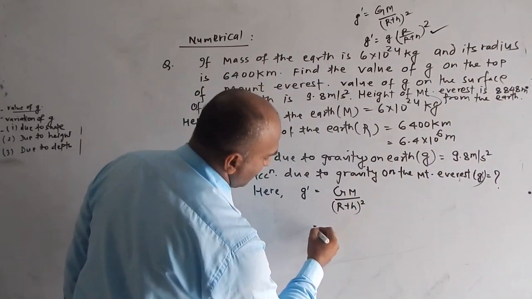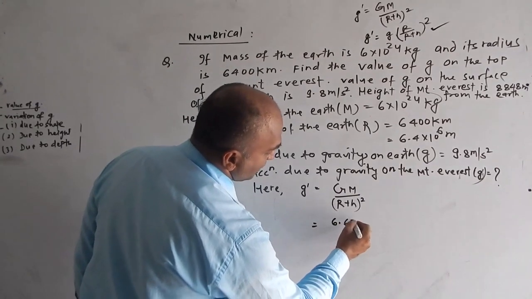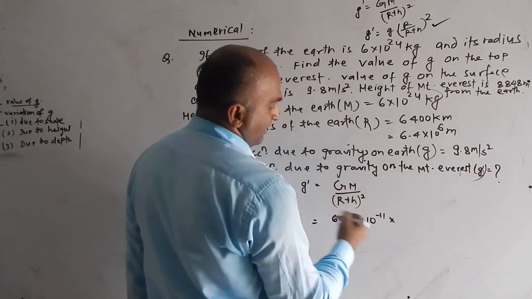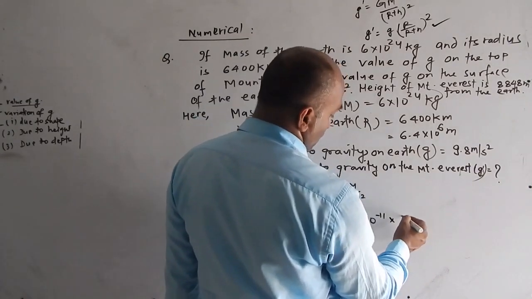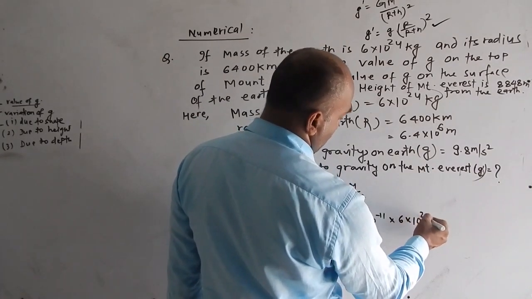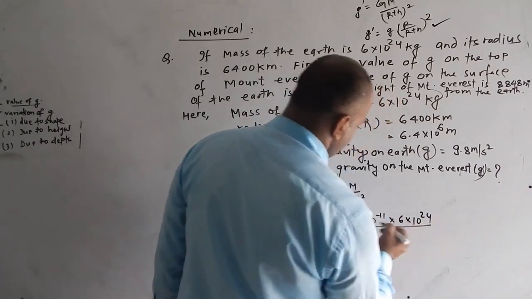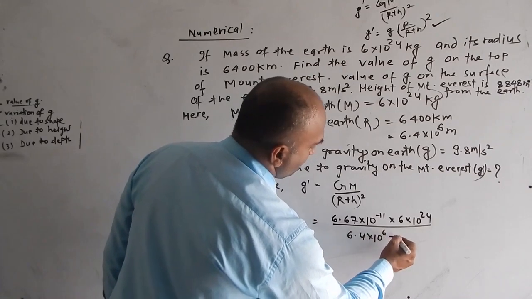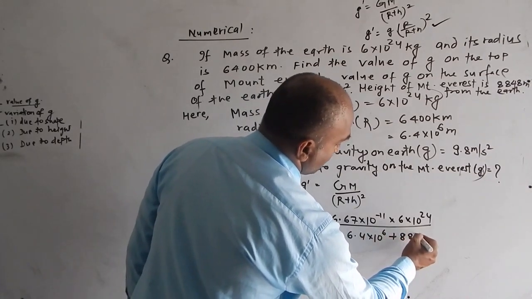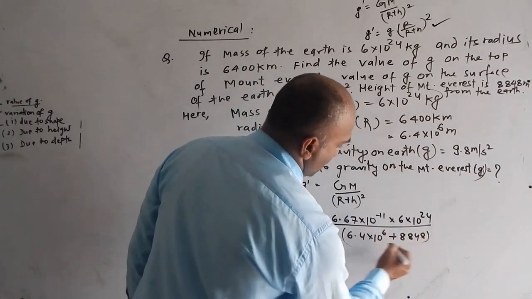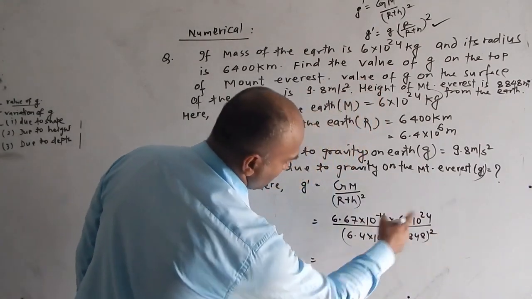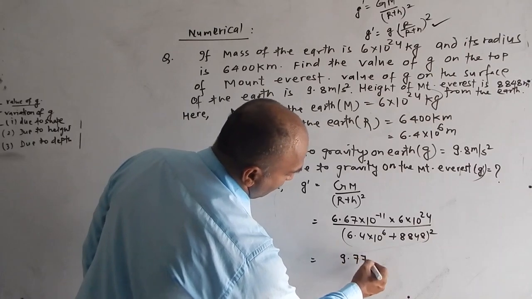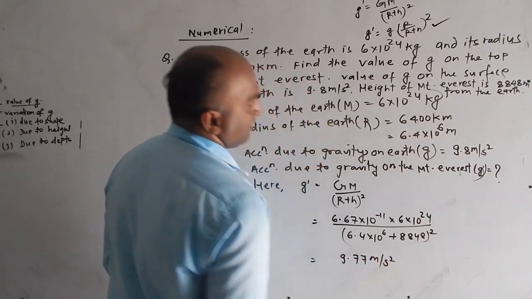Here, G is the universal gravitational constant, 6.67 into 10 power minus 11, into M, 6 into 10 power 24, by R, 6.4 into 10 power 6 plus 8848, whole square. By calculating this, it comes to 9.77 meter per square second.